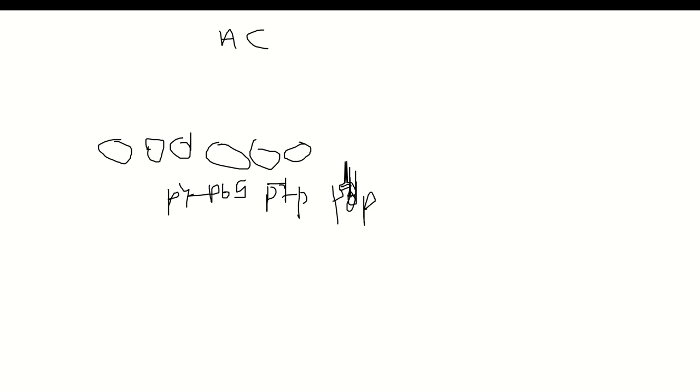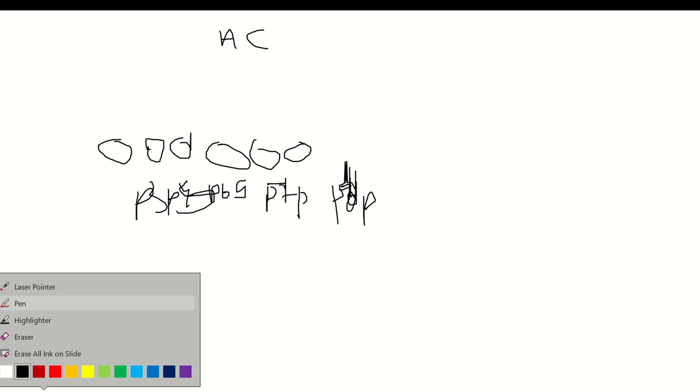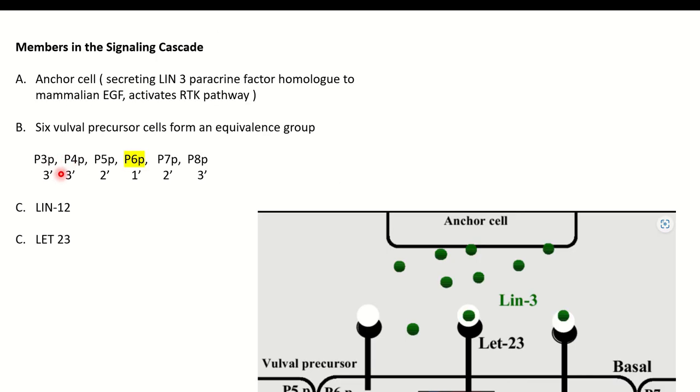Here we have P4.p, and here it's P3.p. It's P5.p, I guess. Sorry, by mistake. It forms the hypodermis or the tertiary vulva.